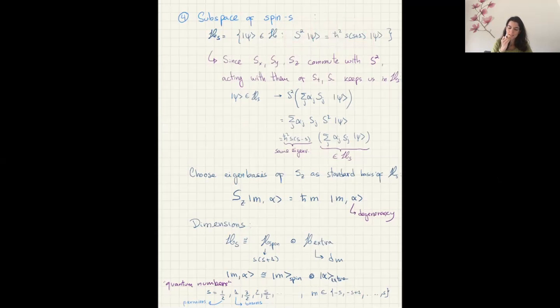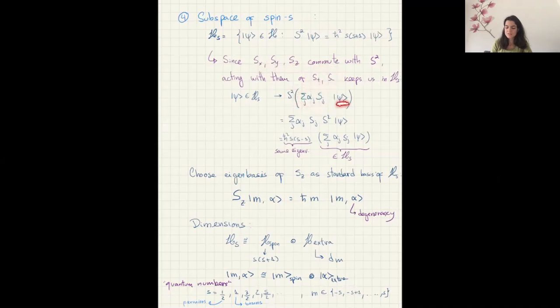And the key idea is that since all of our operators commute with this, then acting with them, or with a sum of those, on a state that belongs in this space will keep us inside this space. Take any linear combination of these operators, because they're linear combinations of the others.